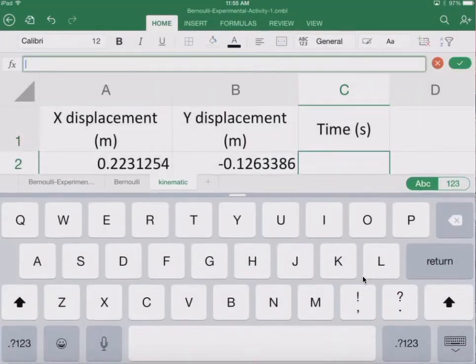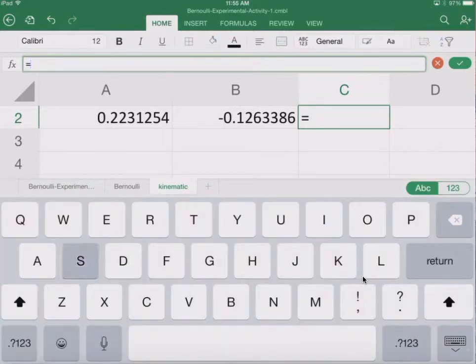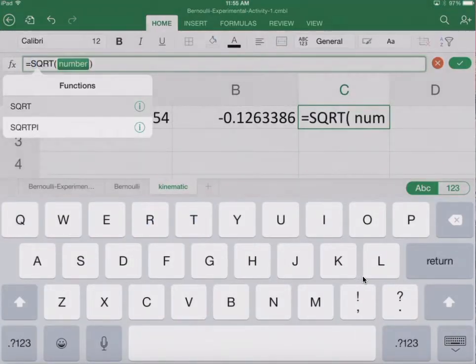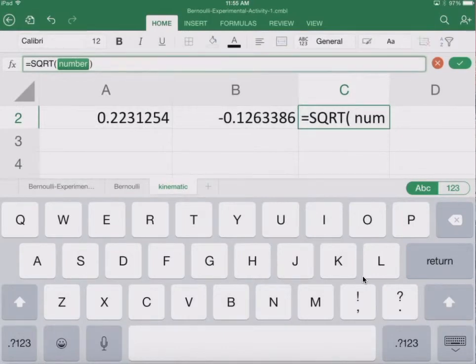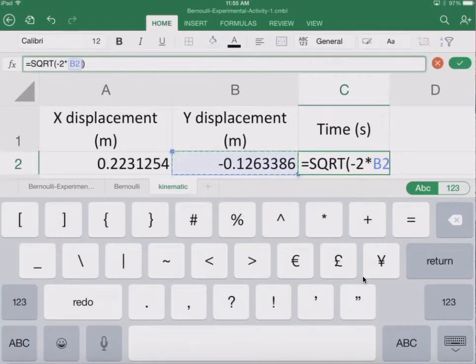So remember, the time of flight is going to equal the square root of negative 2 times the displacement in the y direction. Okay, so let's put some parentheses around that.